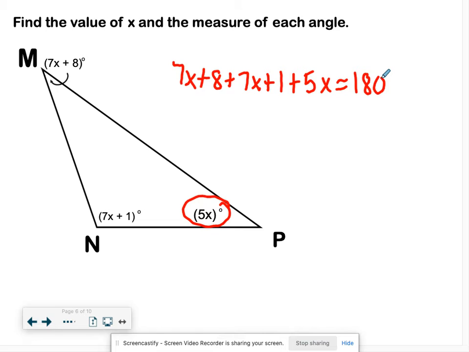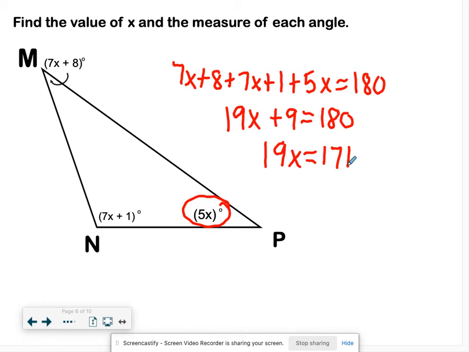So, yep, 7 plus 7 gives me 14, plus 5 more is 19. Plus 9, yep, I agree. Minus our 9 over. Yep, and we divide out.